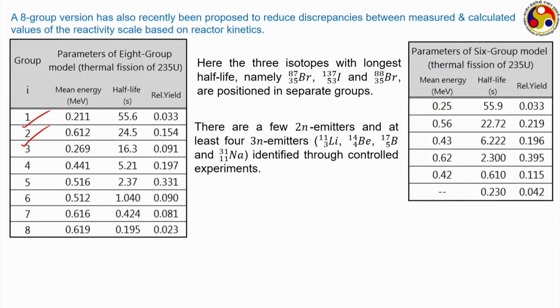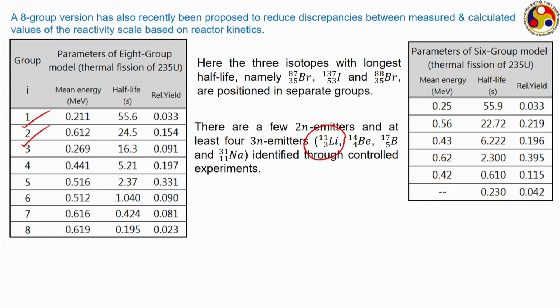Just for your information, in certain situations we may have one delayed neutron precursor which emits not one but 2 neutrons, and there can even be situations when it can emit 3 neutrons. There are at least 4 isotopes which can emit 3 neutrons. Like check lithium 11.